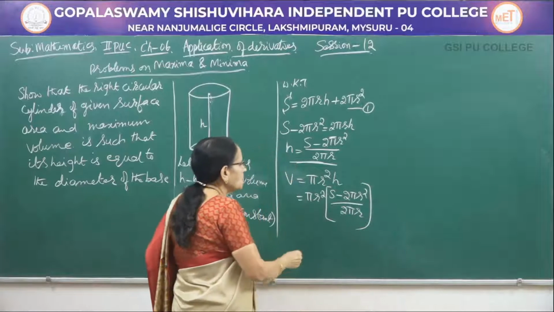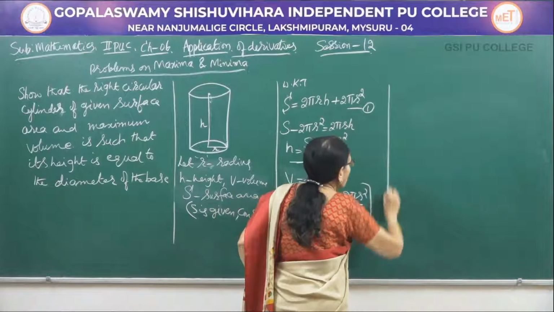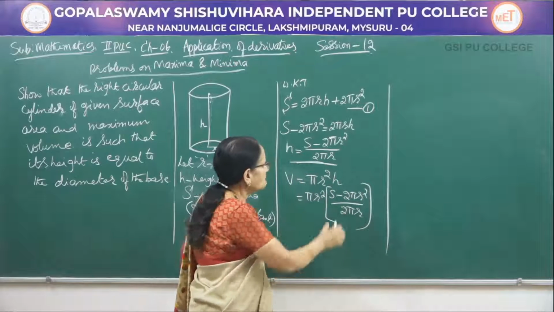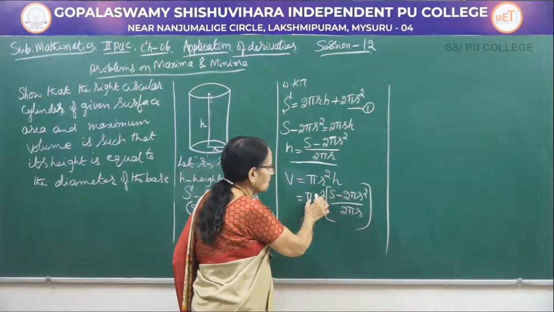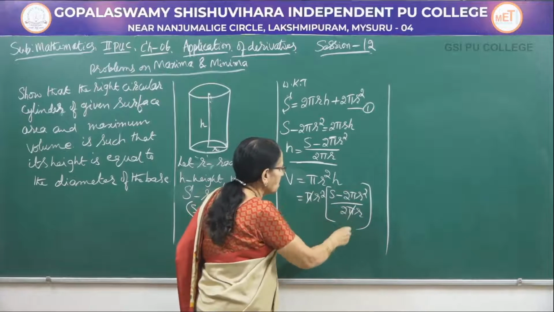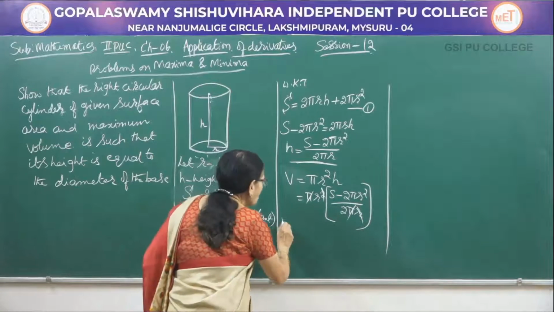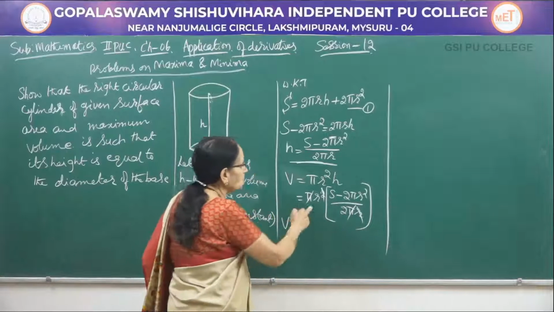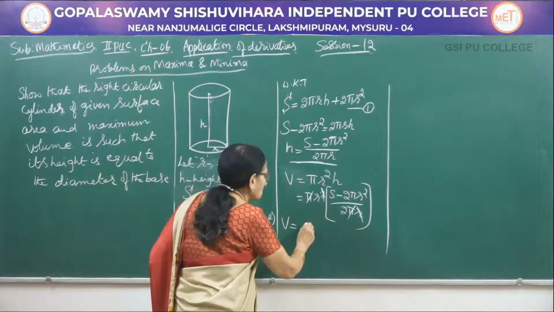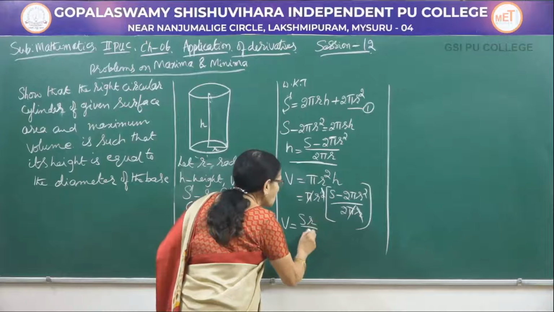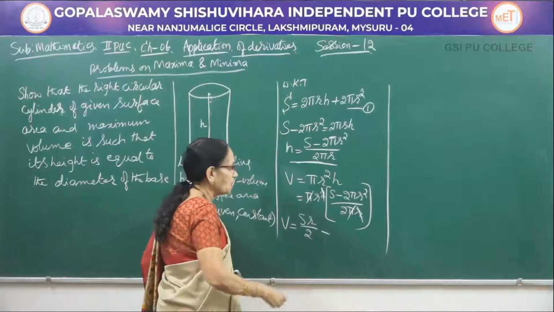Now, let me simplify this one. Multiply both the terms by pi r square. One pi you can directly cancel, one r also you can cancel. So, what is remaining now? V would be equal to S into r divided by 2. First term: S into r divided by 2.